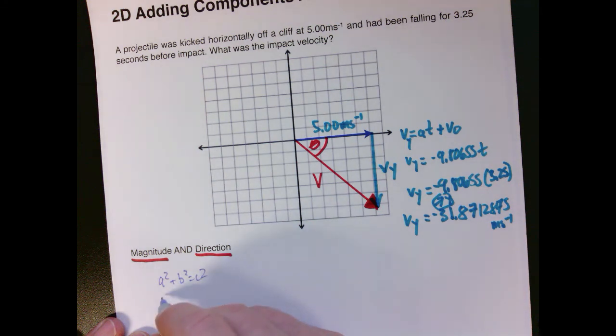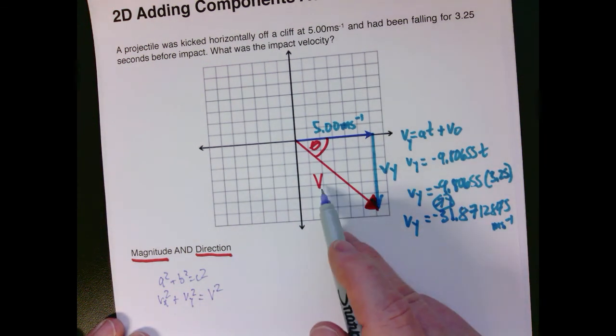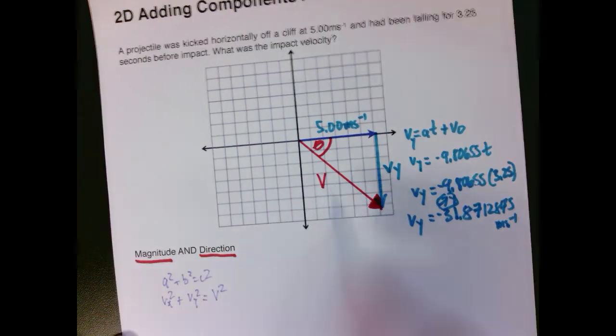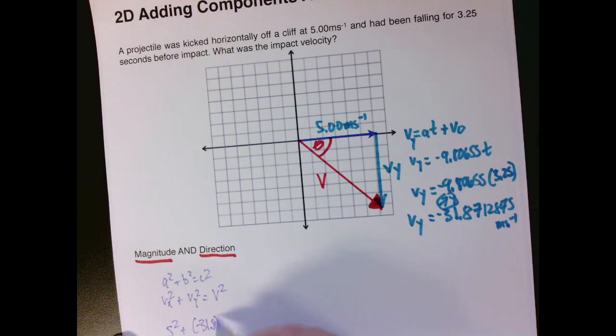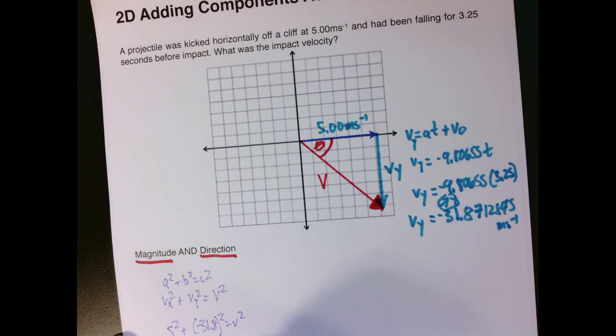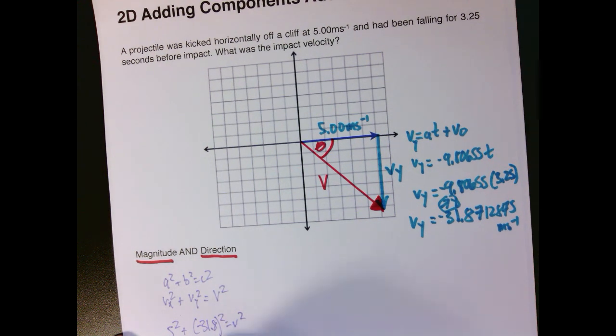Vx squared plus Vy squared equals V squared, this being the hypotenuse, V. So we have 5 squared plus negative 31.8 squared equals V squared. V is the square root of that mess.